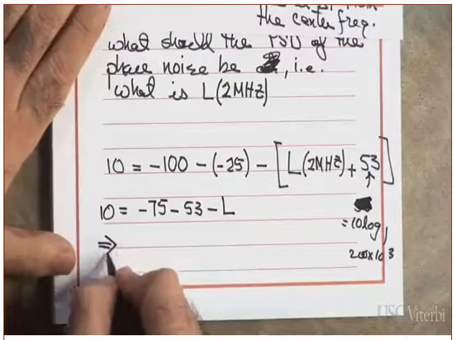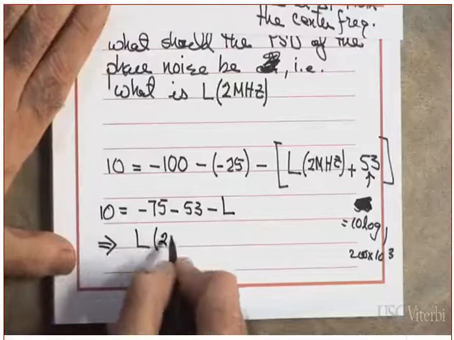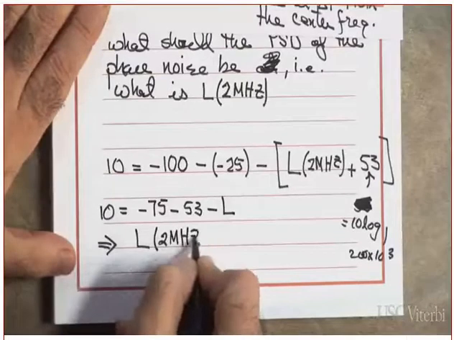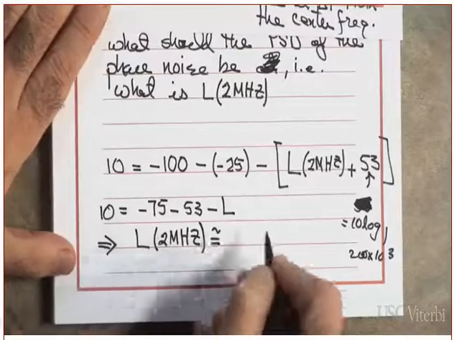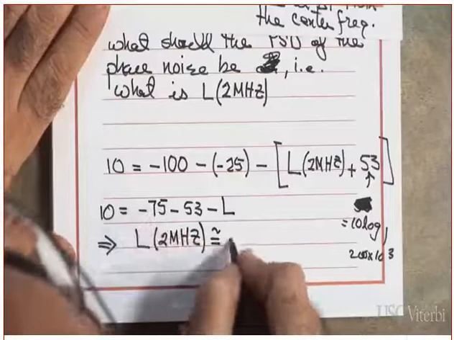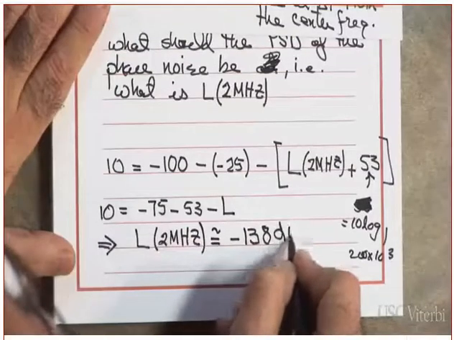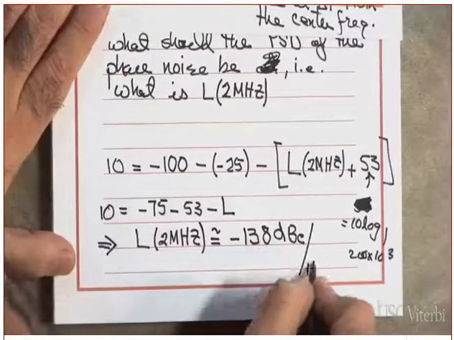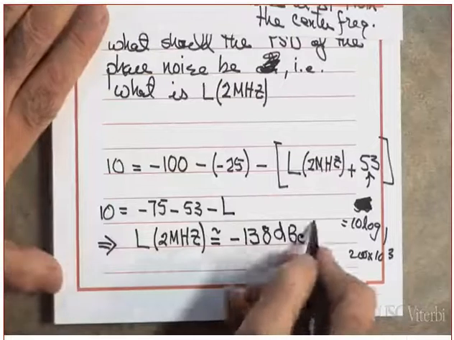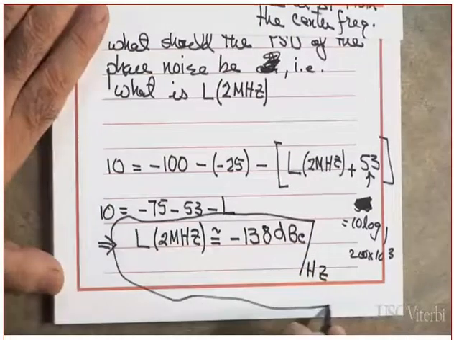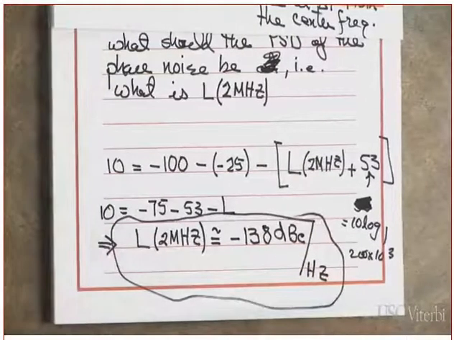What does it imply? L of 2 megahertz has to be roughly minus 138 dBc per hertz. Did you get it?